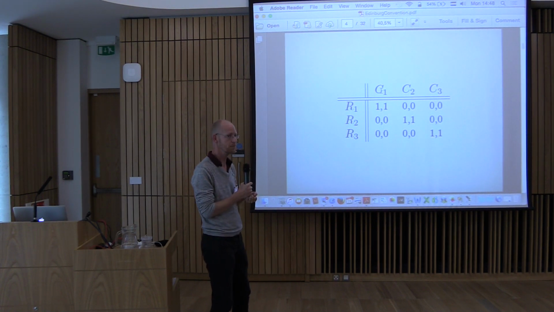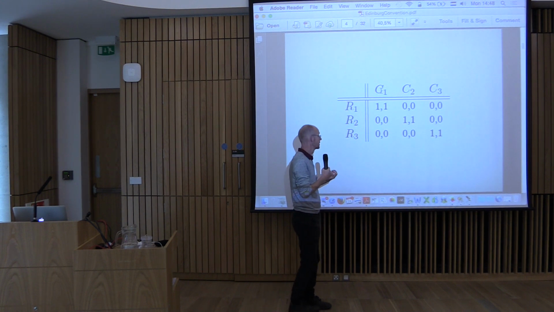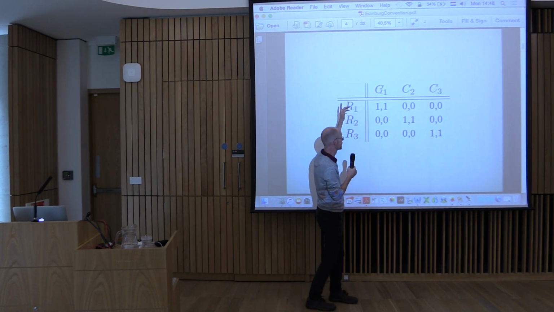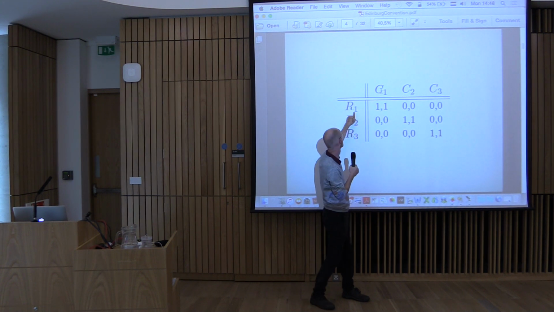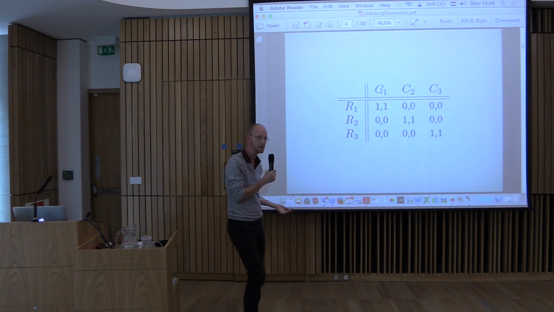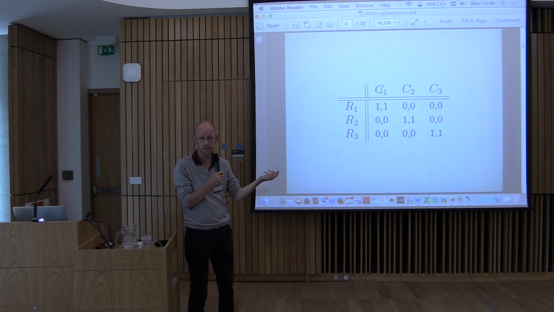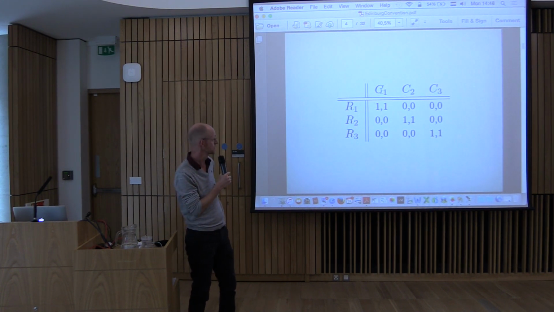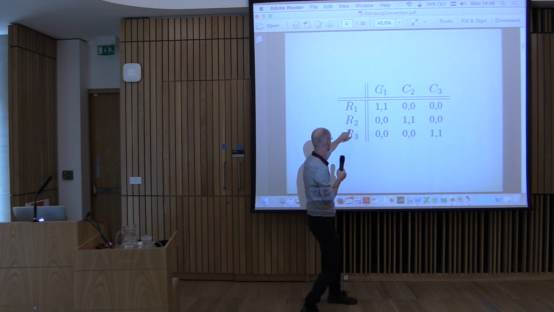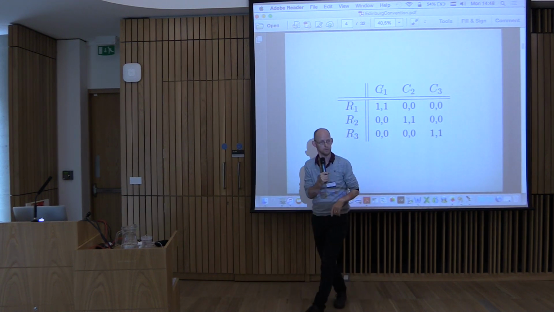So what does that mean? Well, they both would be happy if they would explicitly agree that the row player plays strategy 1 and the column player plays strategy 1. Then they both would be happy, and none of them has any reason to deviate from that, because he gets a utility of less. But of course, they would be equally happy if row played strategy 2 and column played strategy 2.